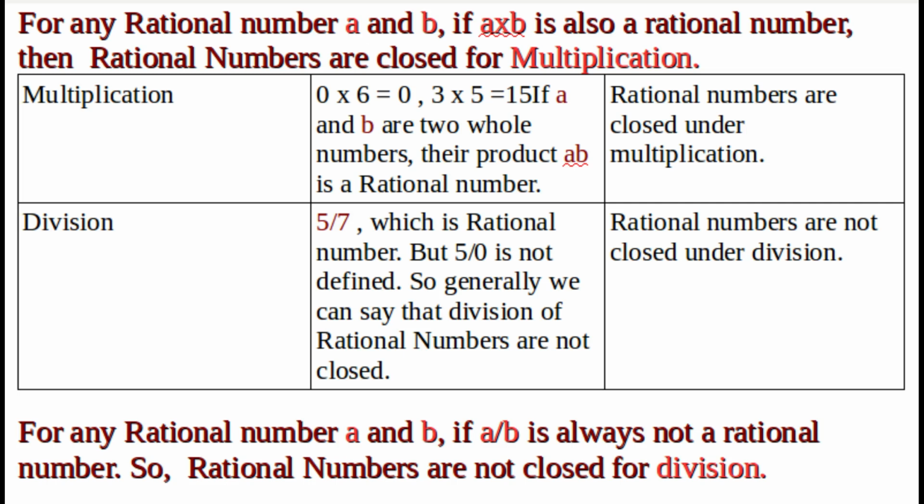I told you now, except 0, we will get a rational number, but a number divided by 0 is not defined. So, generally we can say that rational numbers are not closed under division. So, once again, rational numbers are closed under addition, subtraction and multiplication, but not closed under division.